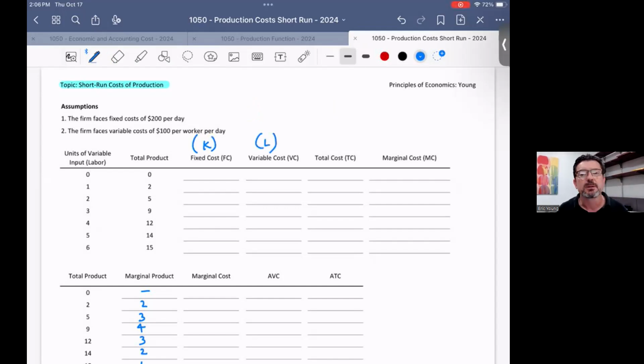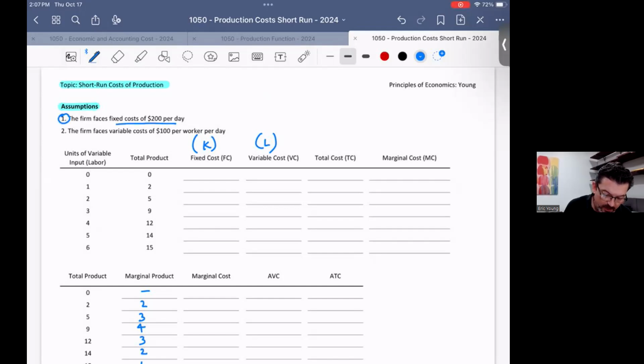Now, with that said, look at our assumptions. The assumptions that we've built up are saying that in the market, when we go out as pizza shop owners and we have to rent capital and hire workers, we're assuming that number one, our fixed costs are $200 a day.